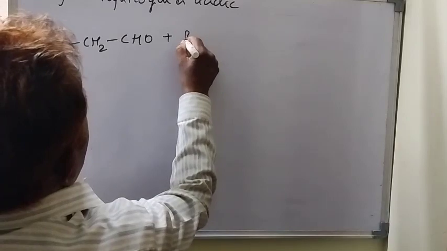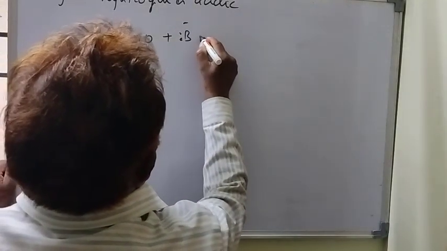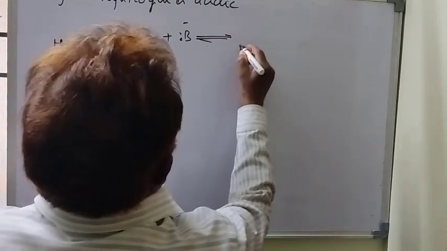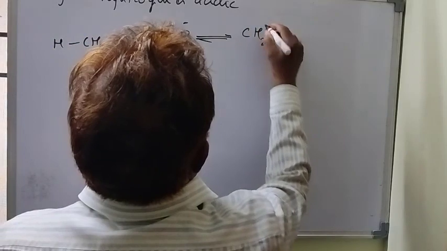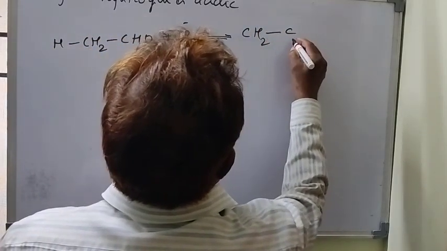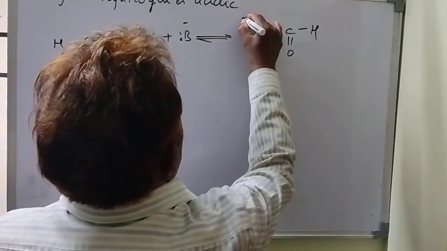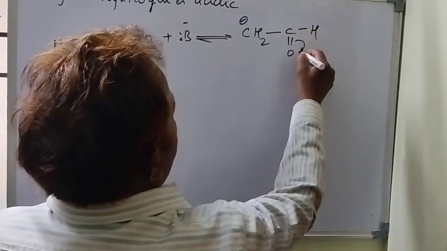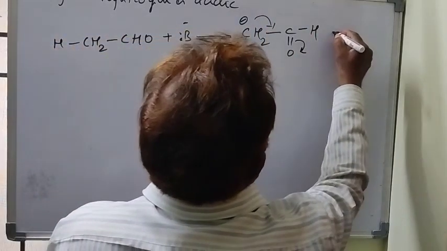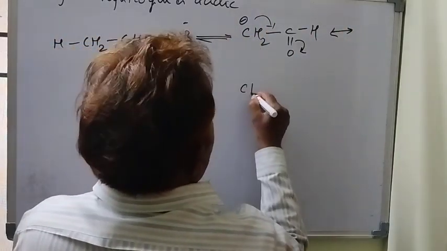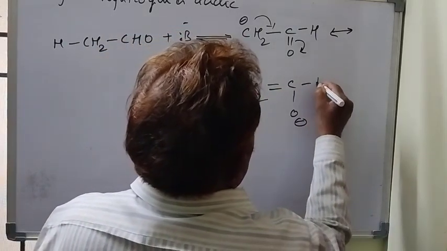So in the presence of a base, this gives CH2 minus. So here this becomes a negative charge. This pi bond shifts to oxygen and this negative charge shifts here. Therefore this is CH2 double bond C single bond O negative charge and hydrogen.